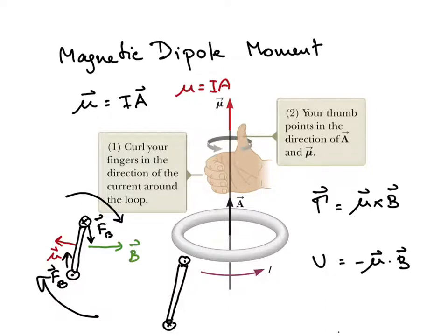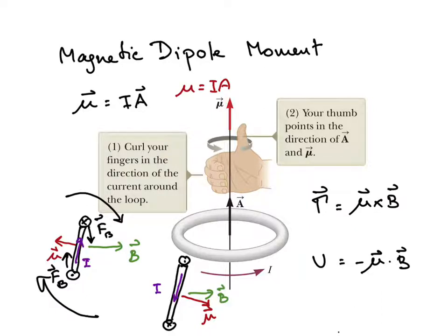In the first case, the current pointed in this direction, this is I. Now the current points in this direction, I. B points in the same direction. Now you can see that from the right hand rule, we have the magnetic dipole moment pointing in this direction.